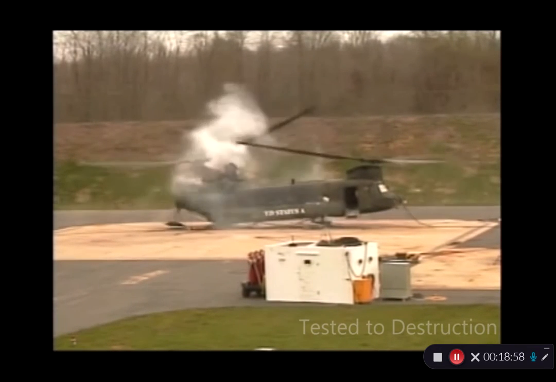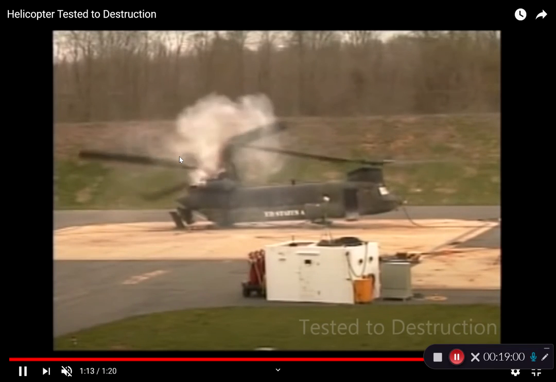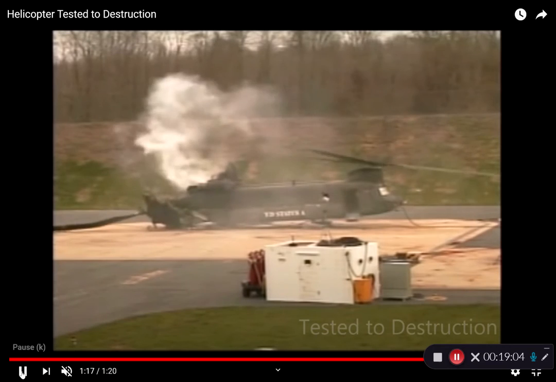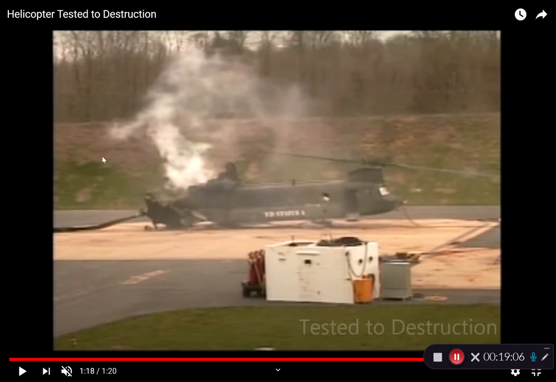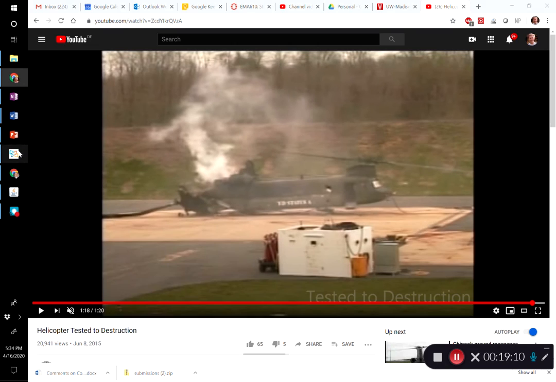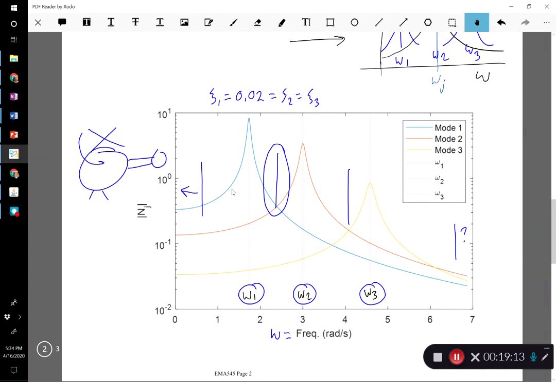The smoke must mean we break some kind of oil line or something to do with the engine. And the whole helicopter is destroyed. So we don't want that to happen when we're flying, right? So anyway, that's why so much effort goes into designing things like helicopters and airplanes to try to avoid these types of resonances.